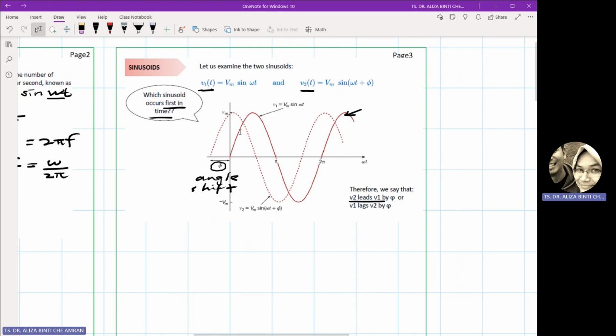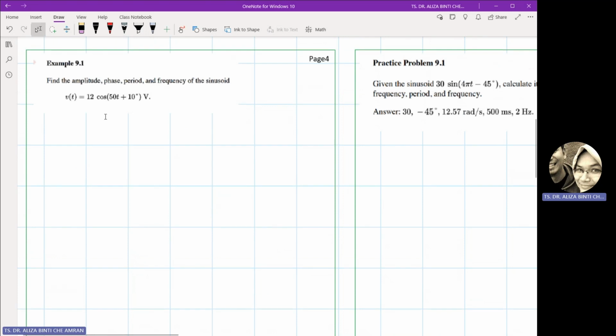V1 occurs later than V2, or V1 lags V2. For example, you are given this question: identify the amplitude, phase, period, and frequency of the sinusoid. An AC signal has an amplitude, Vm sine omega t plus phi, and this is the angle shift.